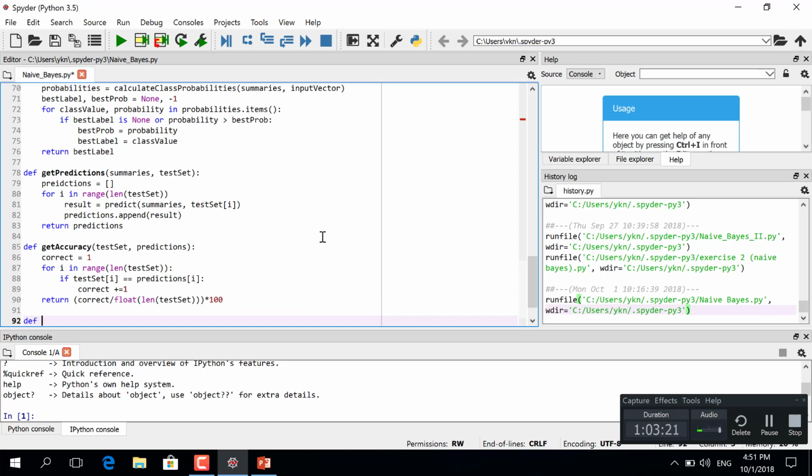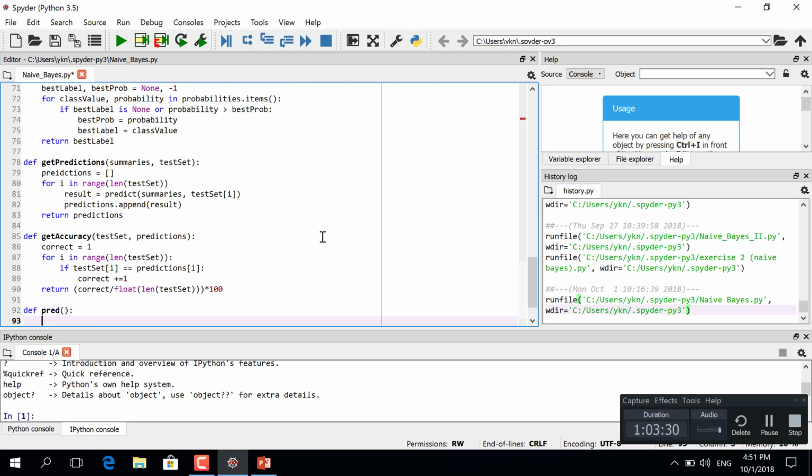Now we need to print the result of the prediction and also the accuracy. We can get the data from the training set and then the test set.